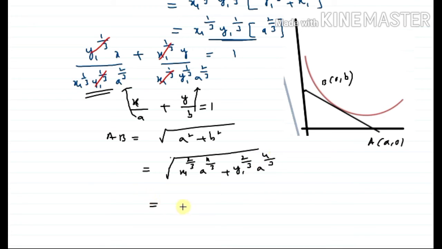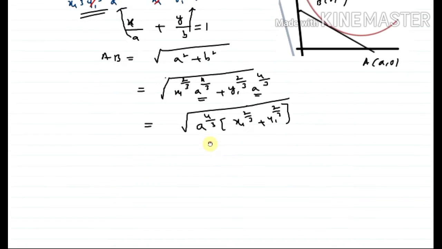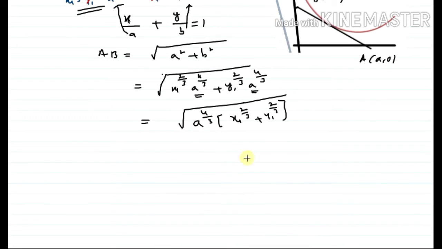So again in these two I can take a to the power of 4 by 3 common, remaining terms are x1 to the power of 2 by 3 plus y1 to the power of 2 by 3. Again, since the point lies on the curve, this value we have already calculated. This is a to the power of 4 by 3 into a to the power of 2 by 3.